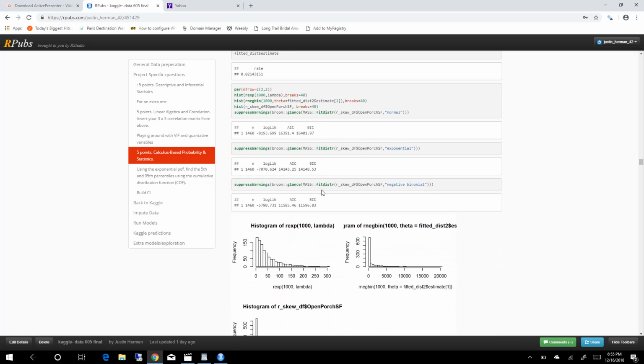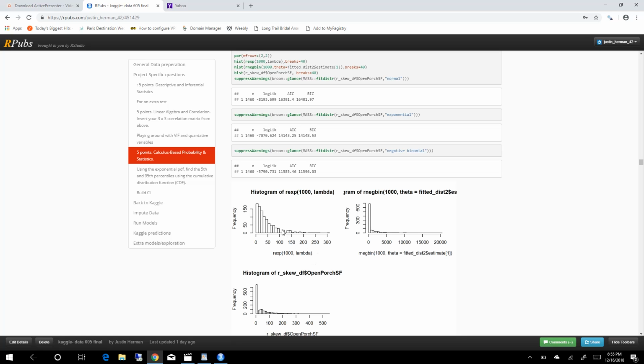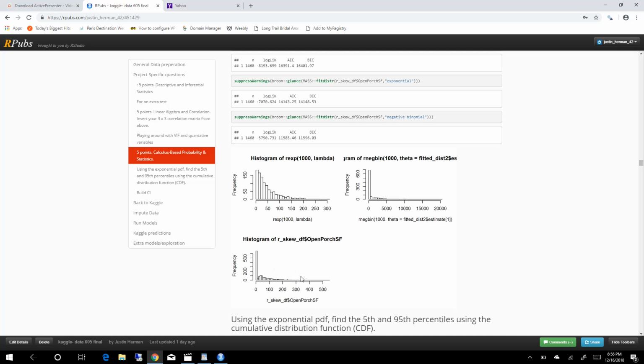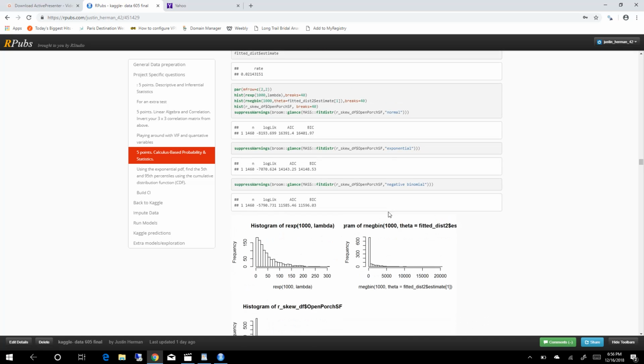What I actually found though was that while the exponential function does an okay job of mimicking the variable I chose, the negative binomial seems to do a much better job. I think that's because it's very zero inflated, but that's weird because I thought negative binomial was meant for count data, and this isn't count data, at least not the variable I chose.